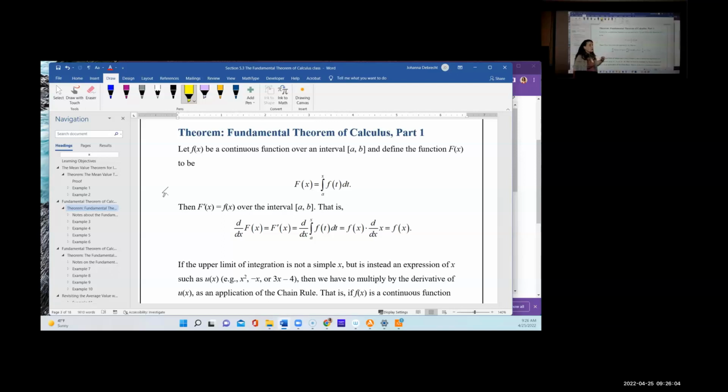We're going to define uppercase f of x to be the integral starting at a constant value a and going to x, the variable, of f of t dt. This is a definite integral. So remember that t is a dummy variable, which shows up in the integral and disappears by the end.